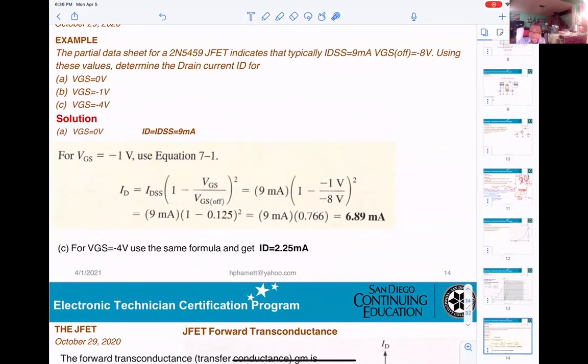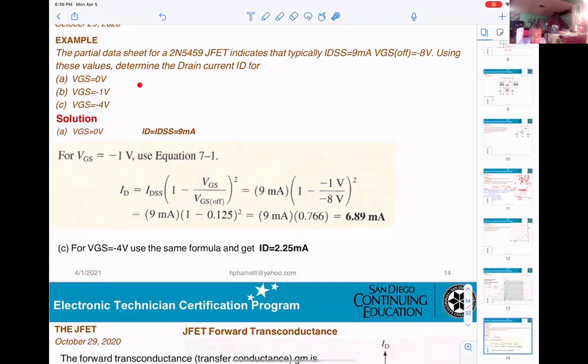Again, if you want to calculate the drain current, you use this formula: ID equals IDSS times 1 minus VGS divided by VGS off, squared. First, A, VGS equals 0.